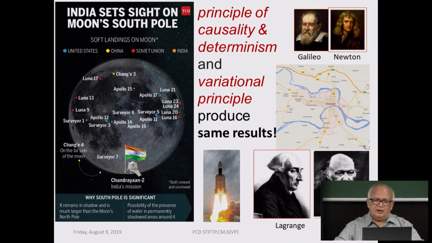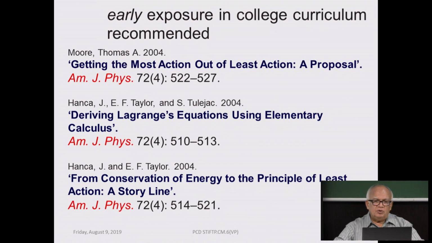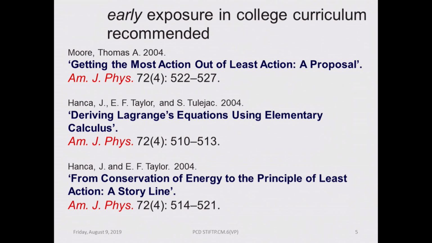Okay? So this is the variational principle that we are going to discuss, and this is of course taught in a good number of MSc courses, for example. But then there are recommendations in the last 15-20 years that this should be introduced early on in college education.